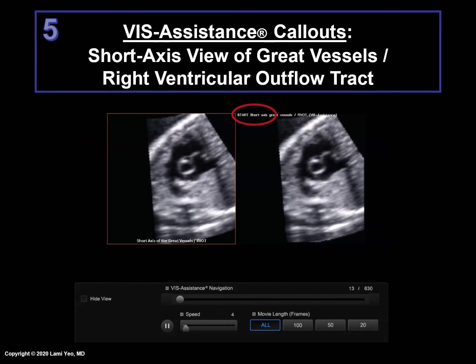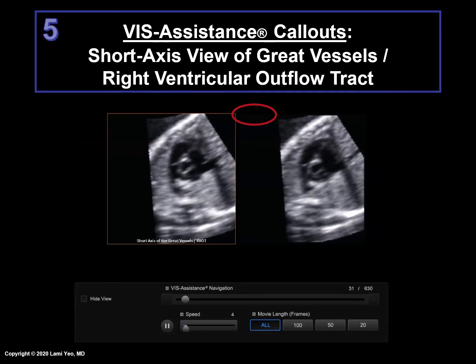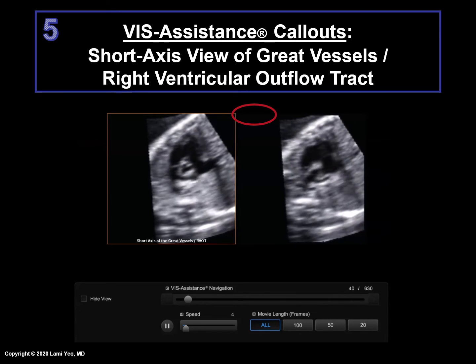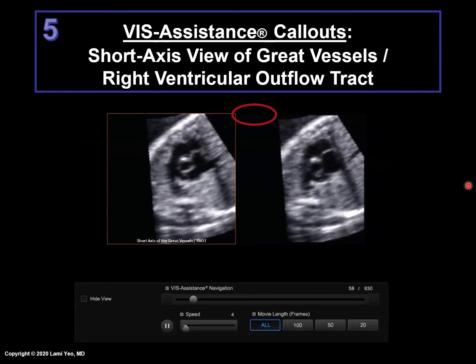Here is an example of VISA for the short axis view of the great vessel's right ventricular outflow tract. Prior to the first callout, VISA will frequently show the ascending aorta, which is located next to the main pulmonary artery.